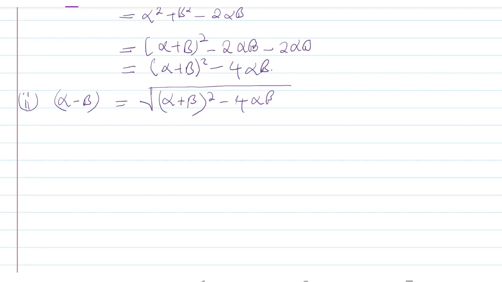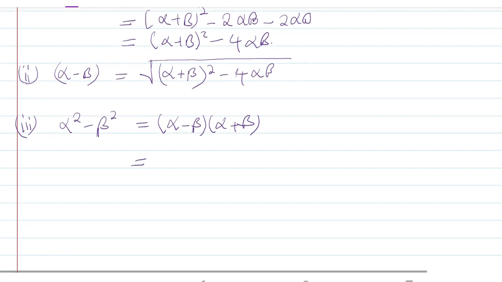Our next expression, number three. So you can see that if you look at alpha squared minus beta squared, there is no expression necessarily that you can expand to give you something related to this. However, we are going to use the difference of two squares. So this is just alpha minus beta and alpha plus beta. All right.